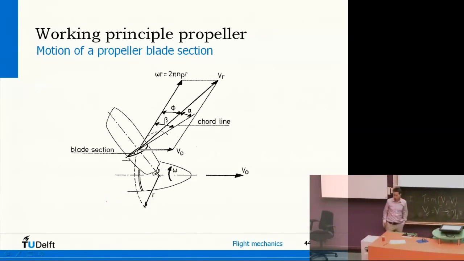Now this is a picture you have to look at for a couple of minutes maybe. If you consider a propeller blade, this is actually quite similar to an aircraft wing. If you make a cross section like it's done over there, then that cross section is in fact just an airfoil like on a wing.